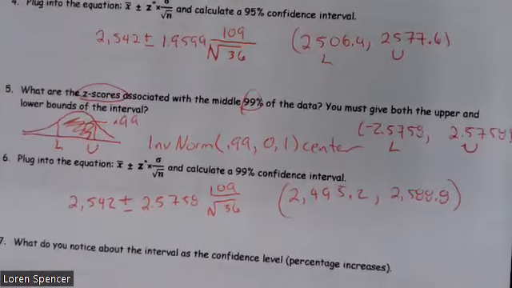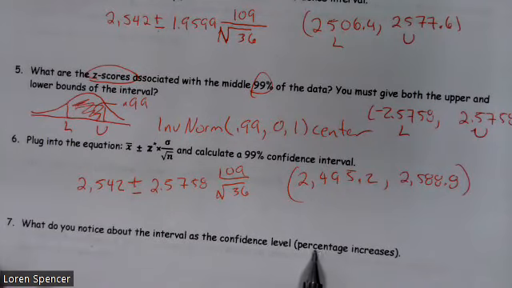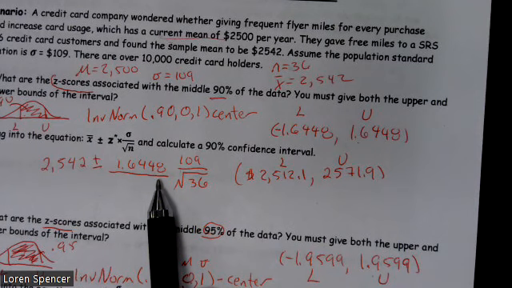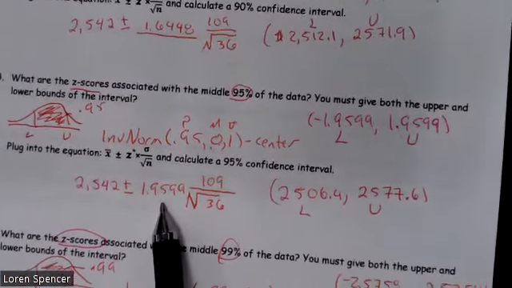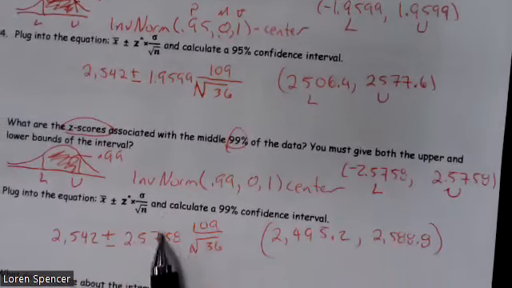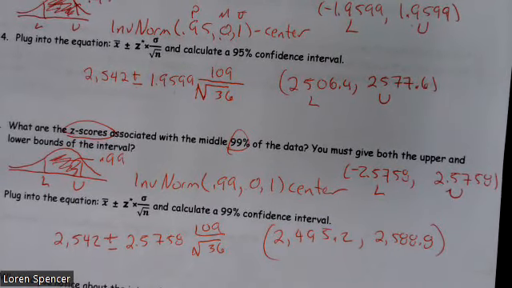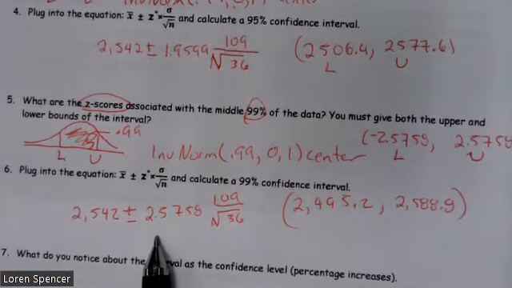Number 7. What do you notice about the interval as the confidence level or the percentage increases? As the percentage increases, we were at 90% and our z-score was 1.644, then it increased to 1.96, then it increased to 2.57 when we went to 99%. So every time we increased our confidence level, our z-score got larger, which means we were multiplying by a bigger number.